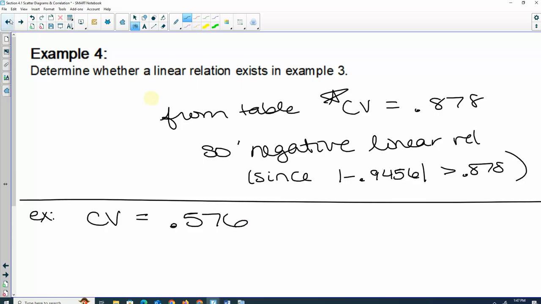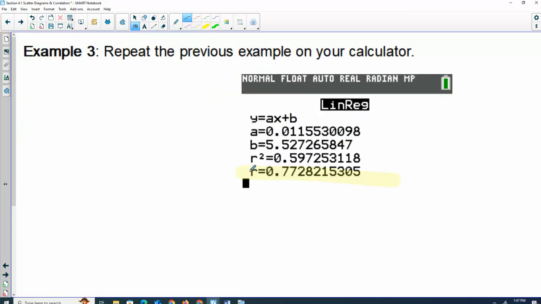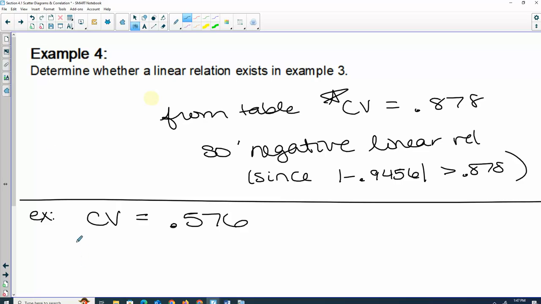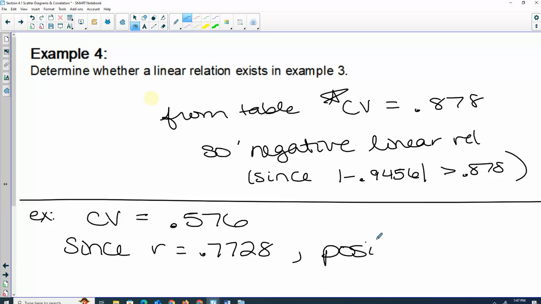Okay, so that was the data I had entered on my calculator. My R was 0.77. So is there a linear relationship? Yes. Since R was 0.772, is it a positive or a negative linear relationship? Positive, because my R is positive. And since it was bigger than 0.576, we know it's linear.